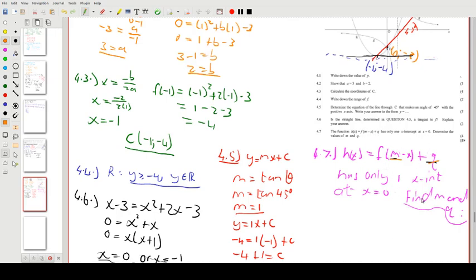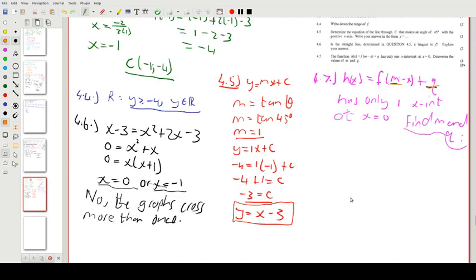Because if a graph only has one x-intercept at x equals 0, that means it looks like that. It only crosses there, only at that spot, at x equals 0. So that's what our graph looks like.